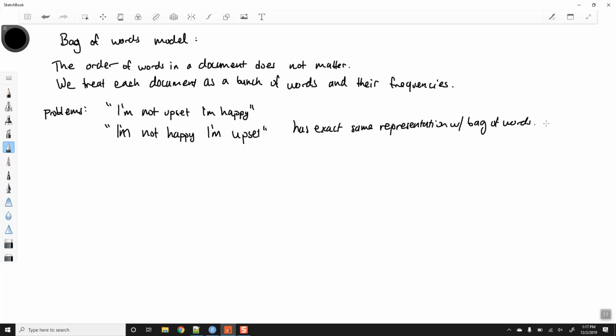But I would say the bag of words model is useful in situations where certain words appear in only certain classes of documents, right? So if there are particular words strongly associated with a certain subject or cluster or whatever, then the bag of words model is useful in those cases.